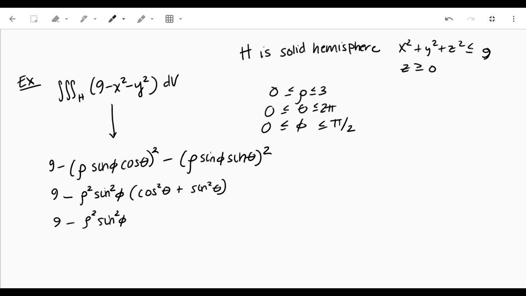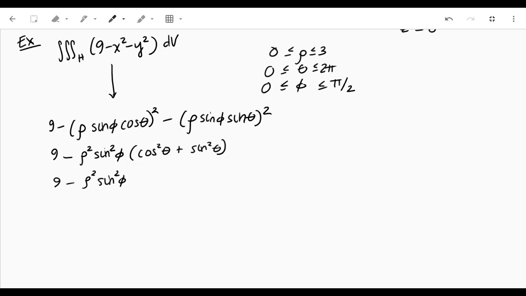Pretty handy. So then when we set it all up, since all of our limits are constants, it doesn't really matter what order we do them in, and maybe we'll decide that we want to switch them around. But I'm just going to do 0 to 3, just the order that I have it written, 0 to 2 pi, and 0 to pi over 2.